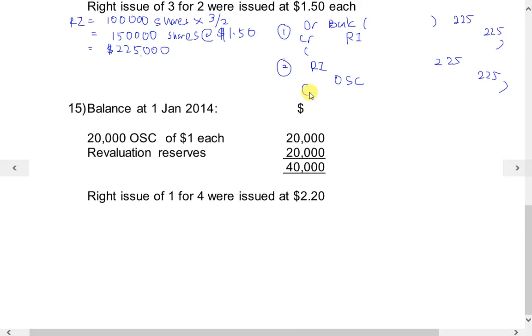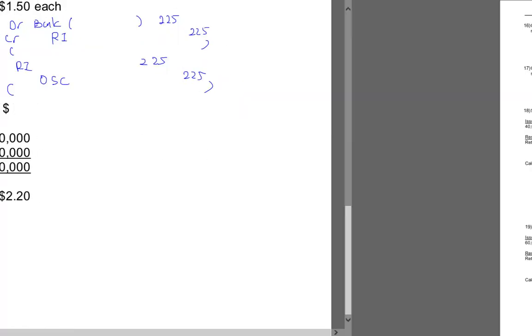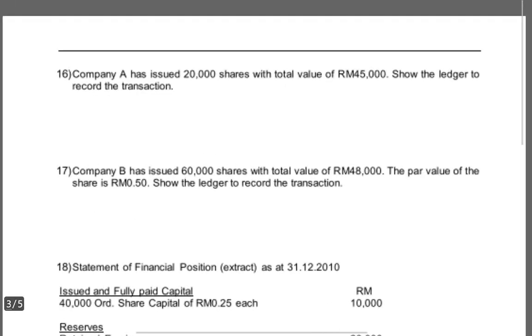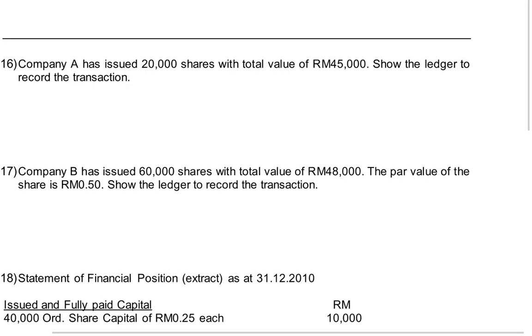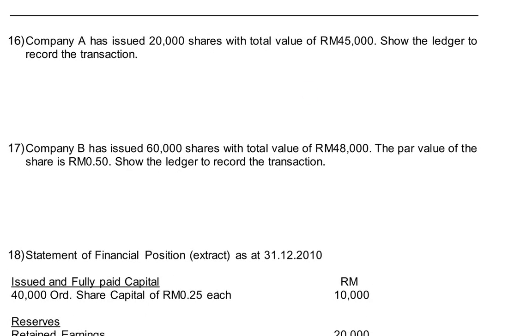Okay. Next. Question 16. A company has issued 20,000 shares with a total value of 45,000. Show the ledger to record the transactions.